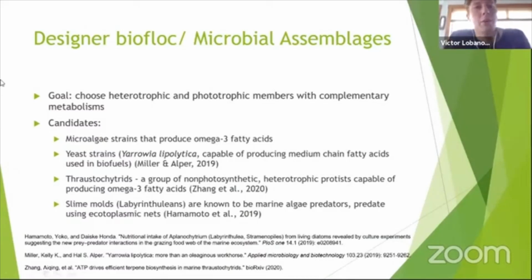And so one thing that we would really like to do is create something called designer biofloc, where ideally we would like to pick strains that are able to do certain functions for the plant and for fish. And I think in the next 10 years, we'll probably have this at least done to some extent. But really, the sky is the limit.